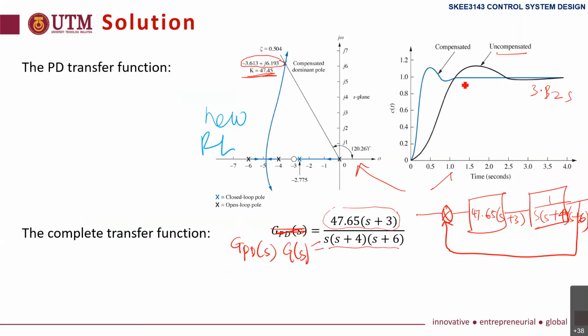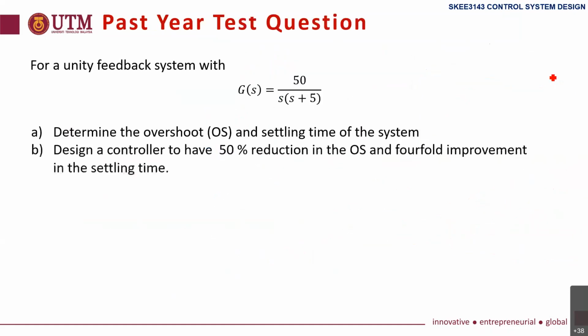Now we can see that it is faster, settling time at 1.107. It settled down faster than the original system. So that is the PD controller. Please revise if you could not understand. We will do a few more examples in the next class.